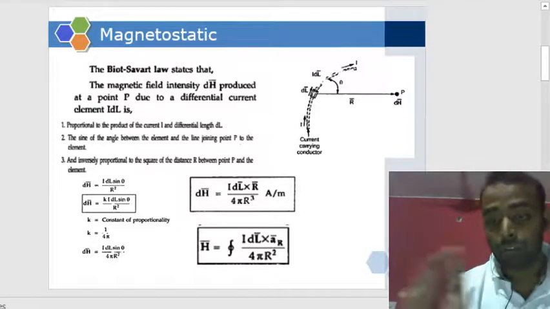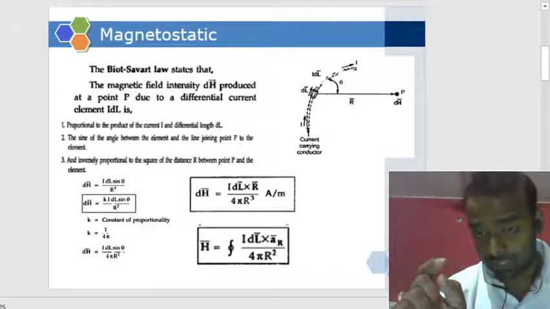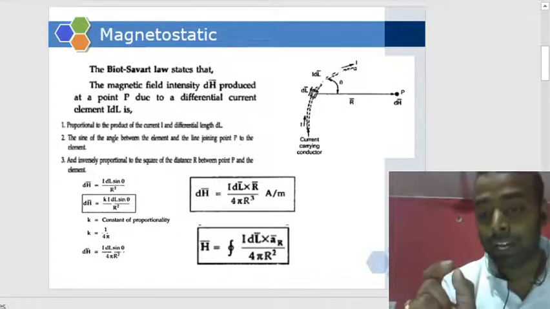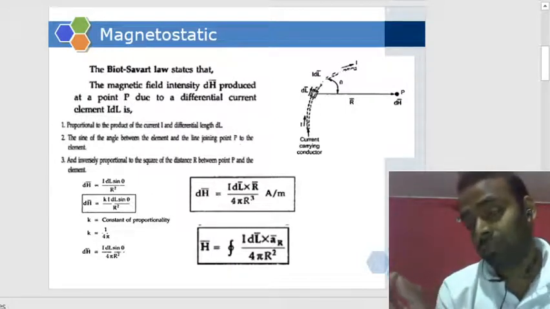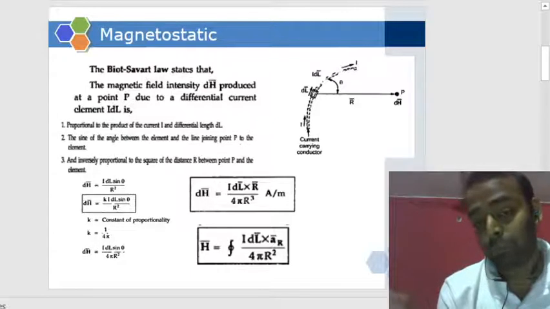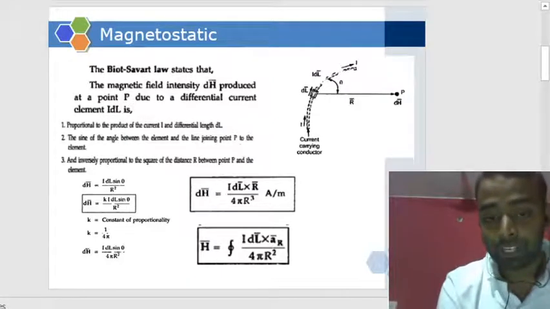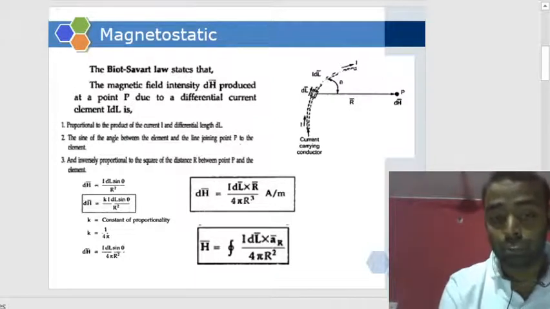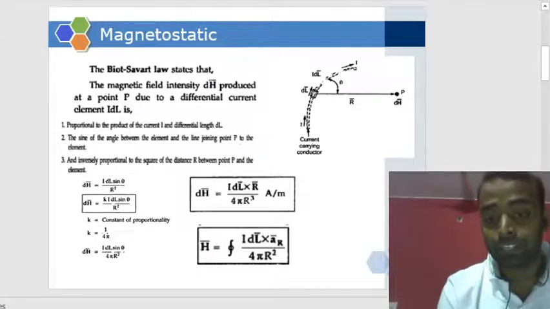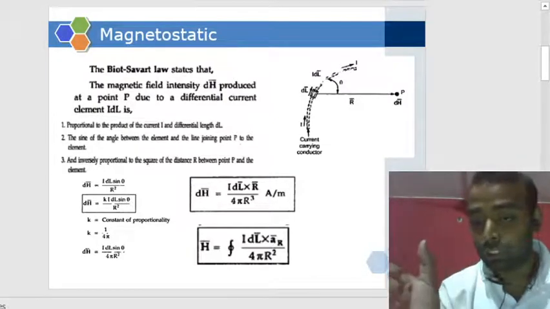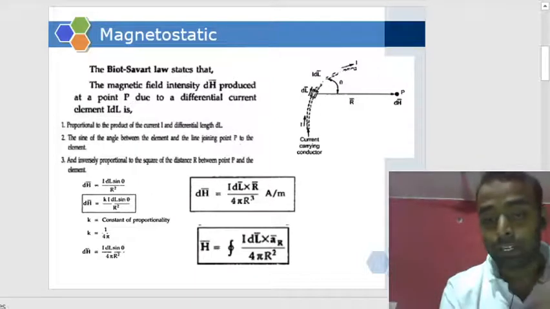So the current is I and the length we are considering is dl. My differential magnetic field intensity at point P, dH, is directly proportional to I dl. Now it is also proportional to the sine of the angle between that element and the line which joins point P to that element.